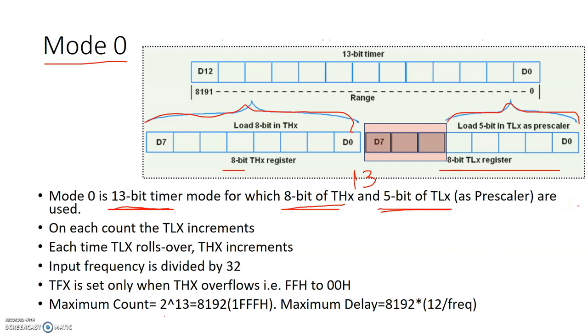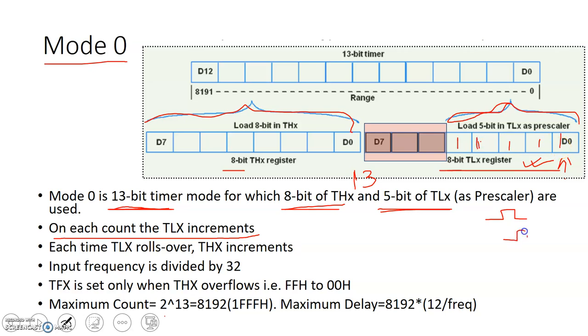So on each count, TLX increments. TLX is this. Whenever a clock pulse comes, it increments this TLX, it could be TL0 or TL1. So 5 bits are here. It will increment by 1 till it has a value of 1 1 1 1 1.